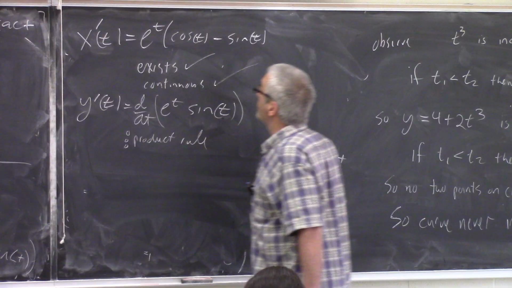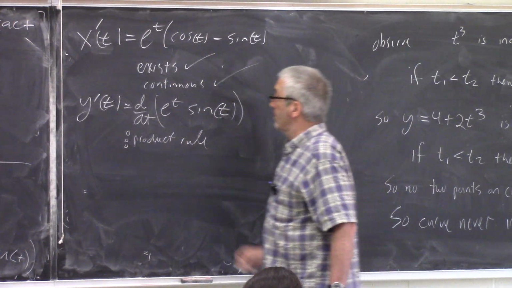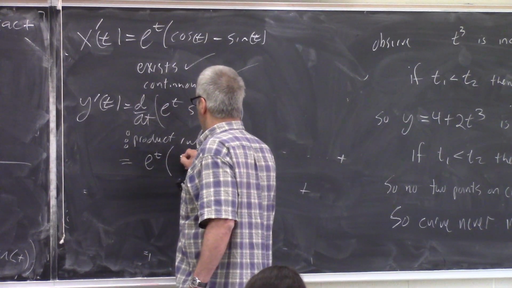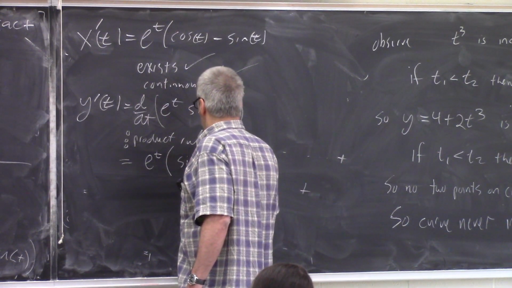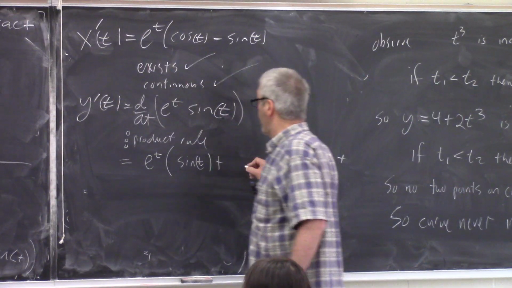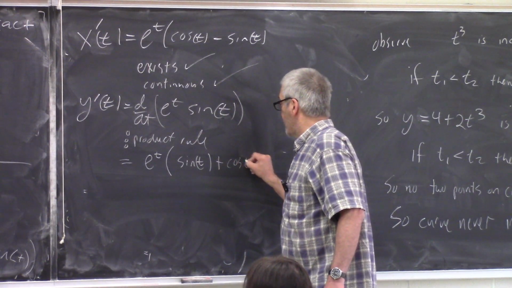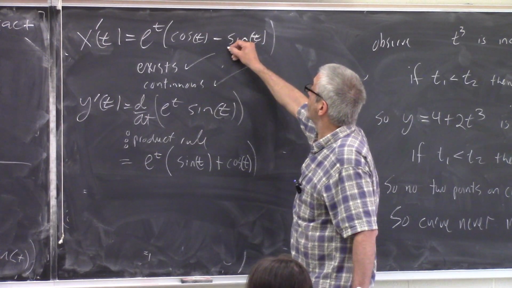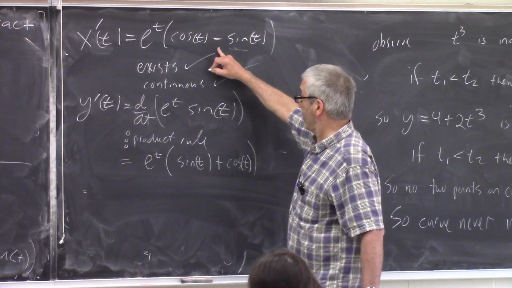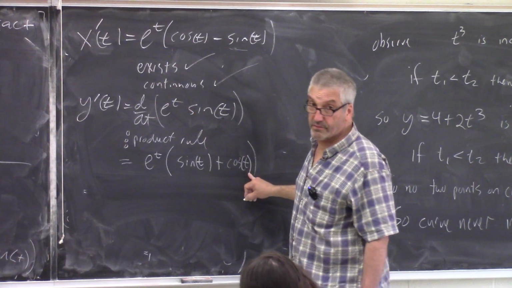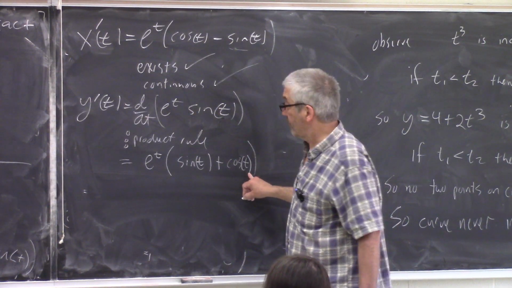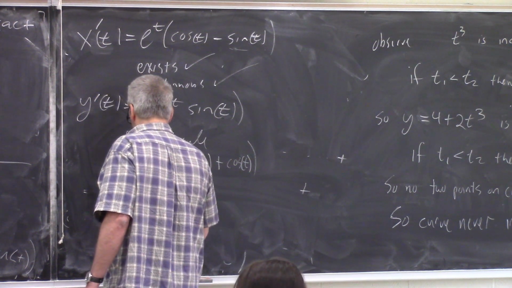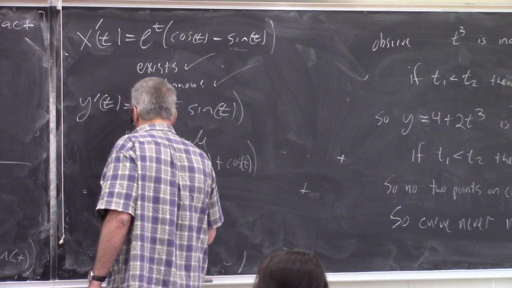And I think it's believable that when I'm done I'm going to have e to the t times the quantity sine t, in this case, plus cos t, because this was the result of taking the derivative of cosine. I get the minus. This is the result of taking the derivative of sine. I don't get a minus. And so notice that this exists, and this is continuous.